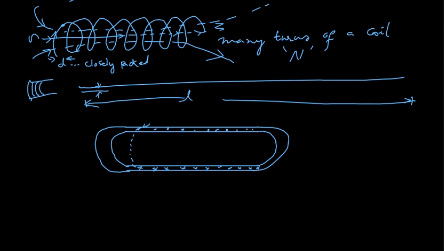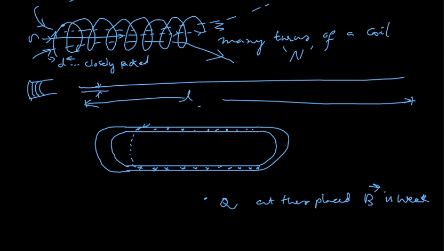The field at the exterior point Q is weak and is along the axis of the solenoid, with no perpendicular or normal component. That means at a point Q somewhere here or here, B is weak.